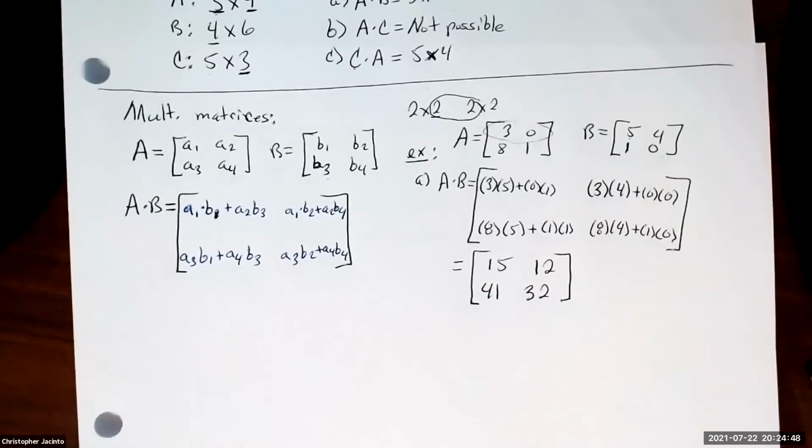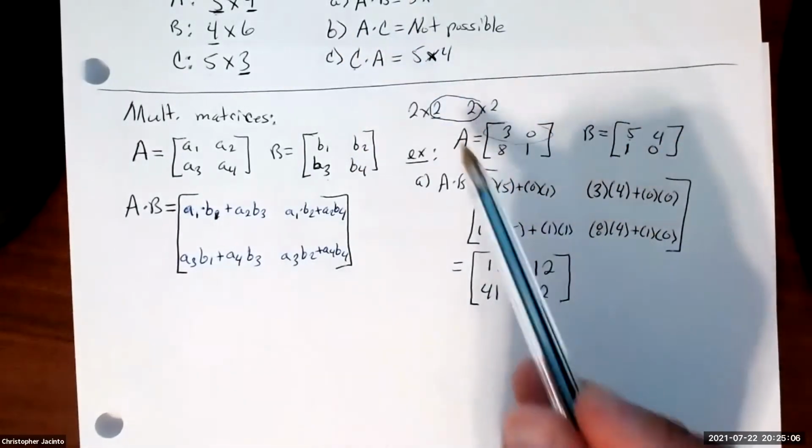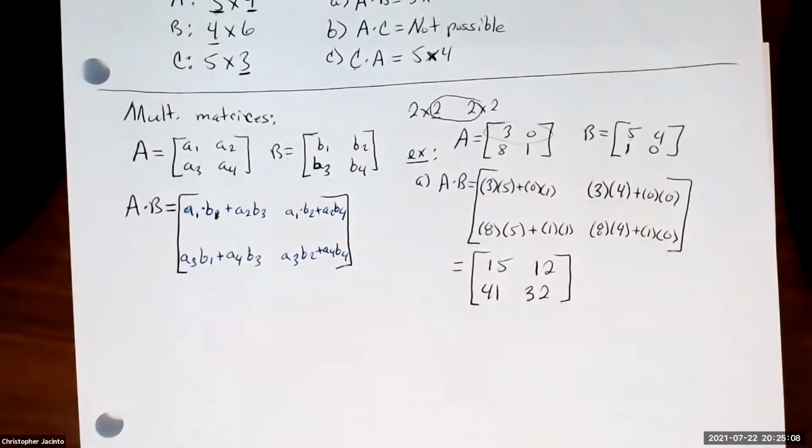No? You guys are starstruck? Just to throw it out there, if B had, I don't know, 3 columns, the answer would just be not possible. Correct. So we would be in situation B right here. It means you didn't even have to do all this. You just say not possible because it literally isn't possible.